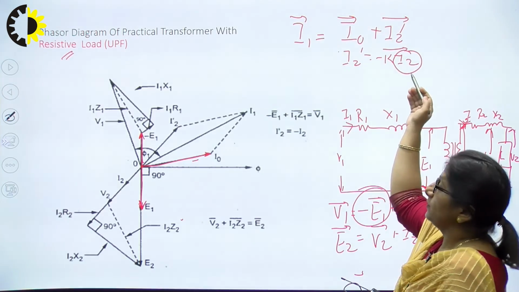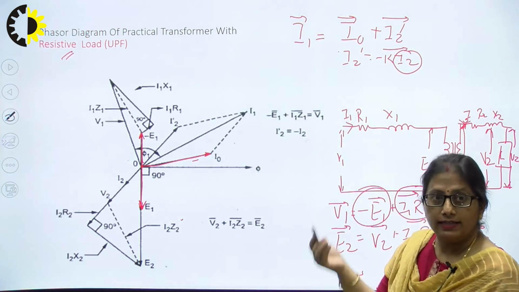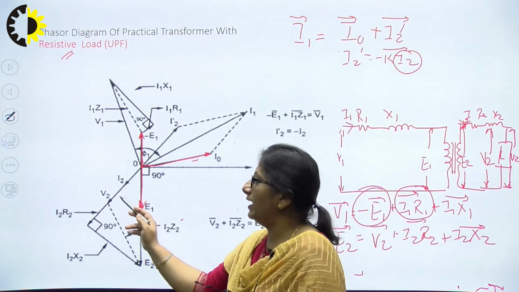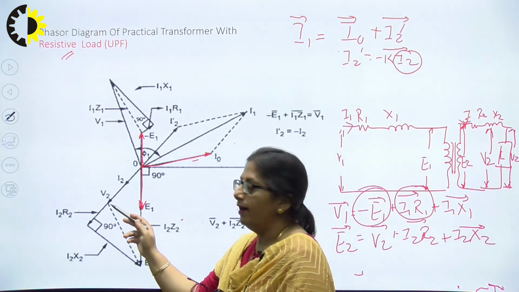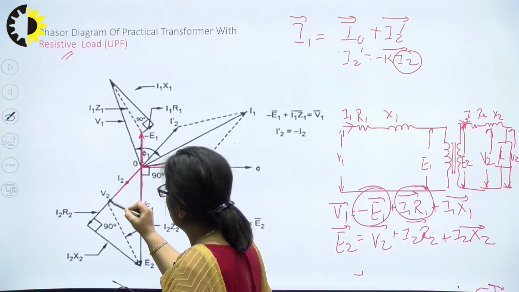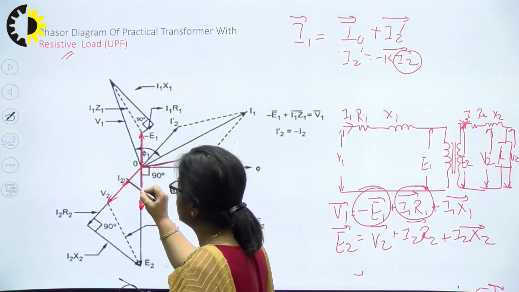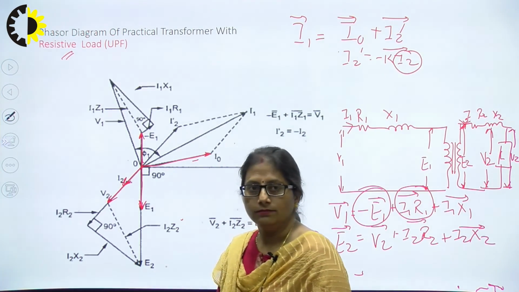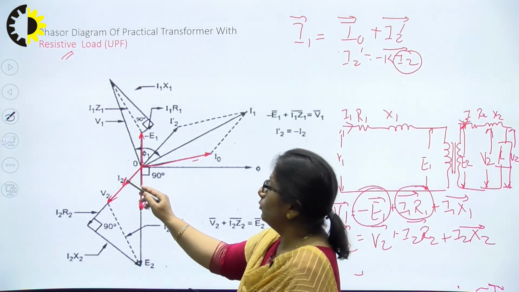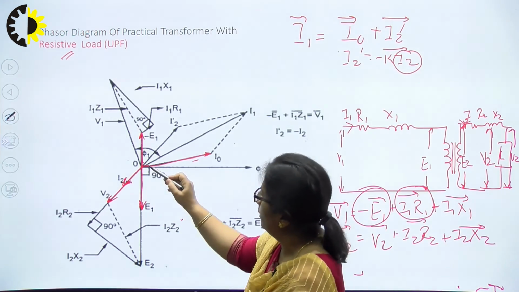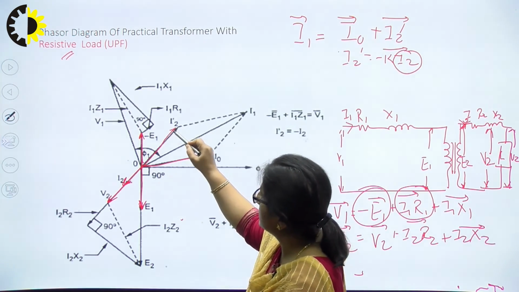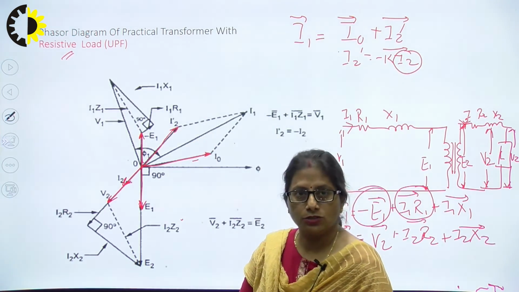The load is purely resistive, so V2 and I2 would be in the same phase. Arbitrarily in the third quadrant, I'll draw V2 and make sure that I2 is in the same phase. If I2 is over here, minus of I2 has to be on the opposite side, that is I2 dash.